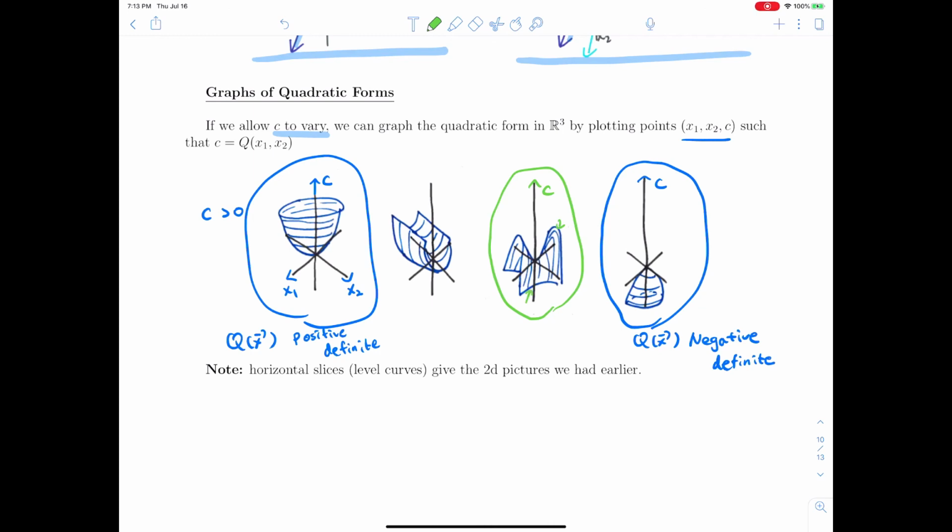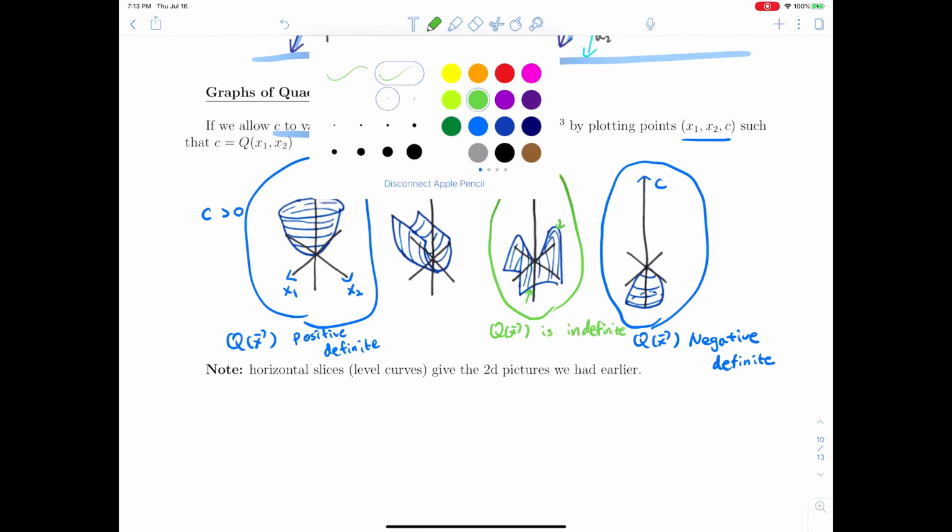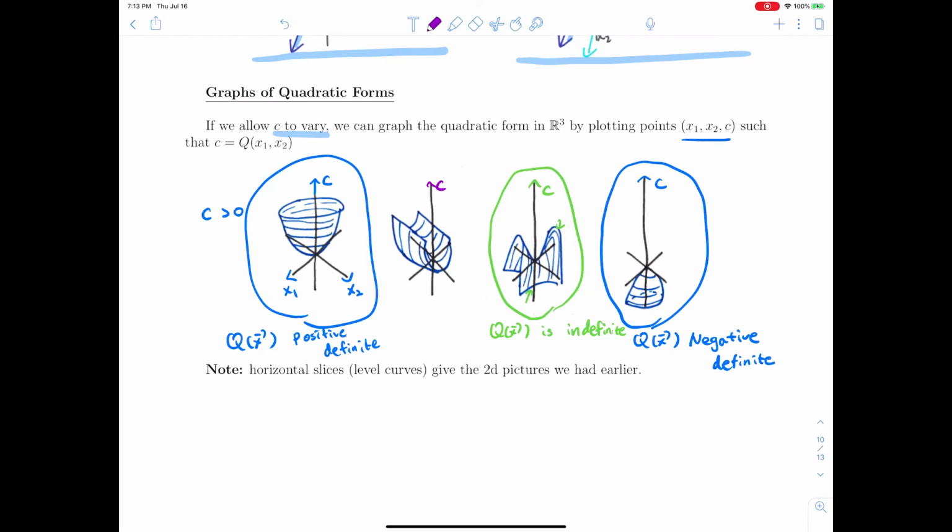So this is the case when Q of x is indefinite. And lastly, the second picture is a cylinder along the x2 axis, where C can potentially equal 0 if you take the vector in the direction of x2. So this case is the graph when you have positive semi-definite. And if you take the level curves for all these 3D pictures, that gives you the 2D pictures that we had before.